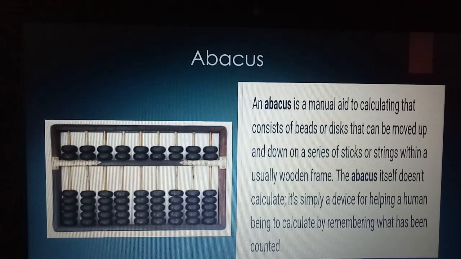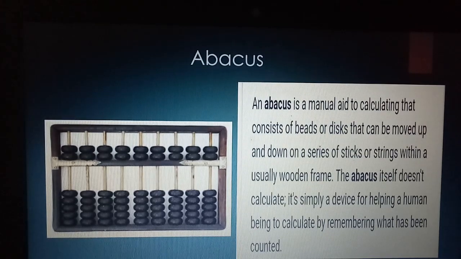This is called the abacus, and this year we're going to learn how to use it. There are many institutions which provide classes for the abacus, and they charge quite a huge amount. Don't worry class, here we won't charge anything, but definitely in computer class we will learn how to use the abacus.